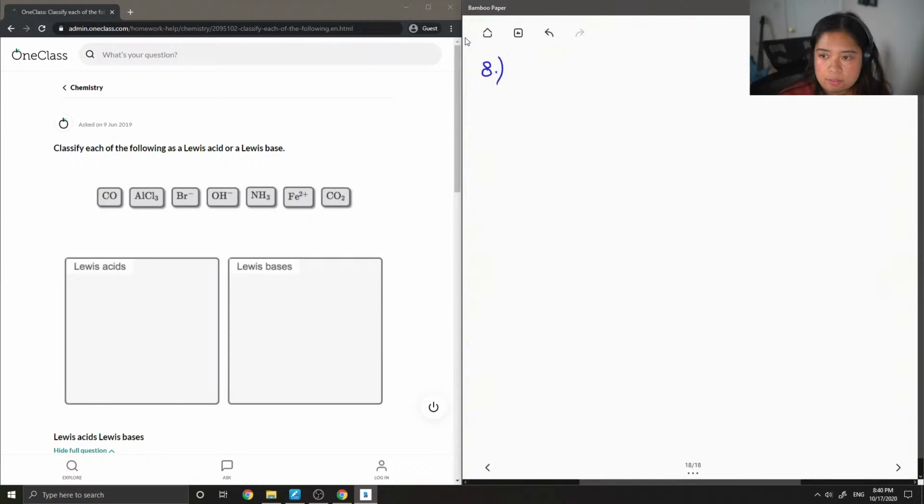Let's write down the definition of a Lewis acid. So basically, a Lewis acid is an electron pair acceptor.